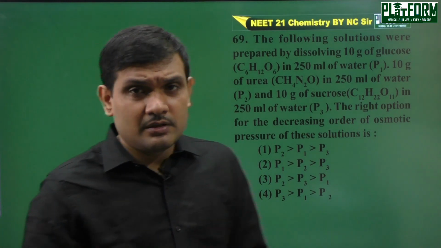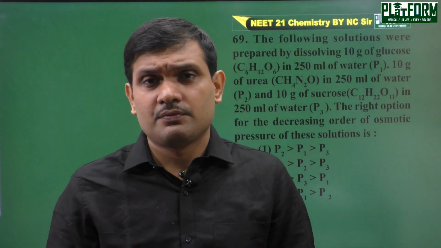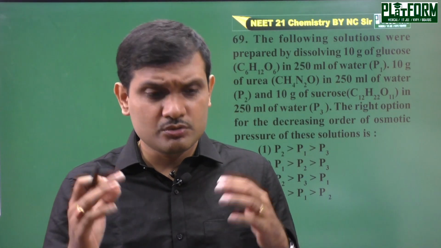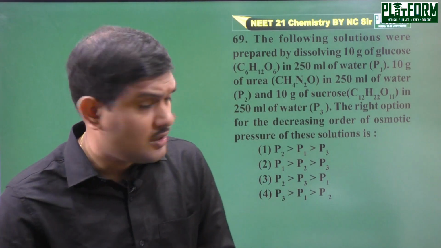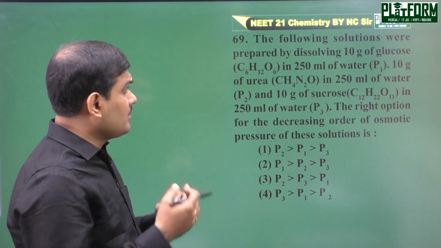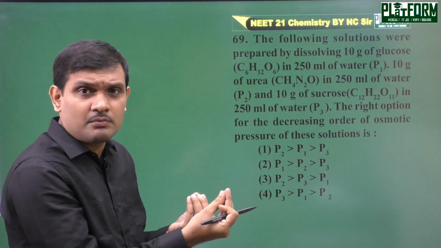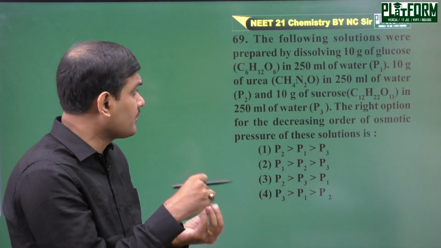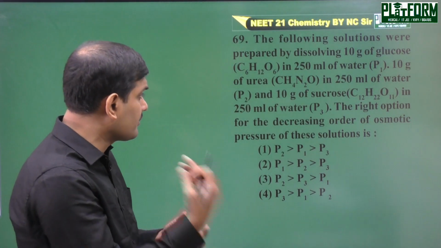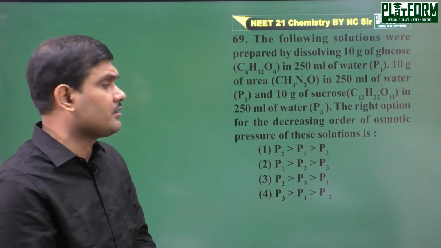Now see, this is a question from the solutions chapter, class 12. Solutions are prepared by dissolving 10 gram glucose in 250 milliliter water, 10 gram urea in 250 milliliter water, and 10 gram sucrose in 250 milliliter water.